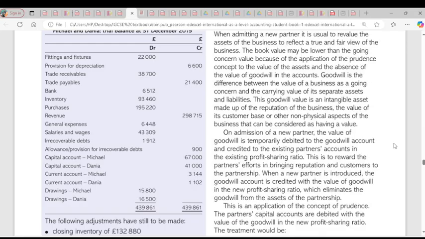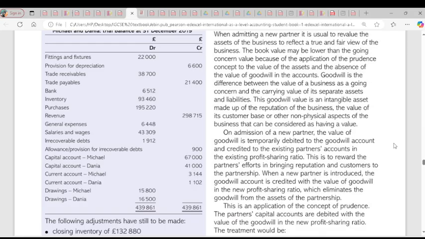Capital is done. Now our current account balances: for Michael, which was previously done, 35,507, and for Daniel, 27,685. You add them together, that gives us 63,192. Add them, not minus, because it's still capital.